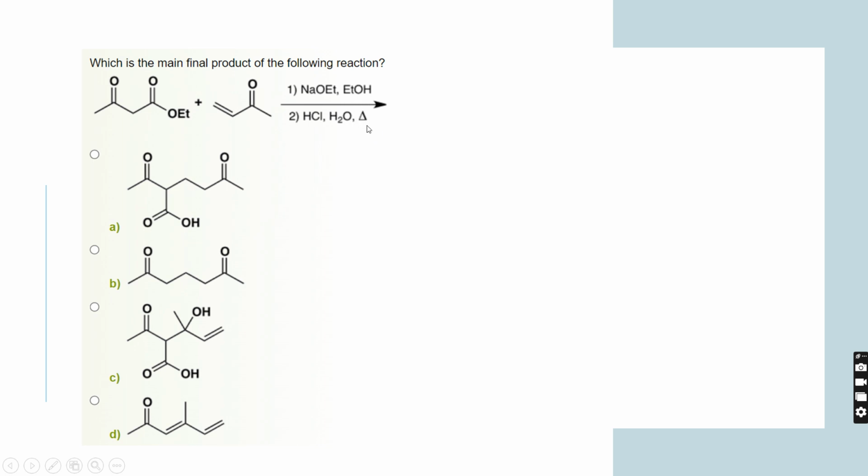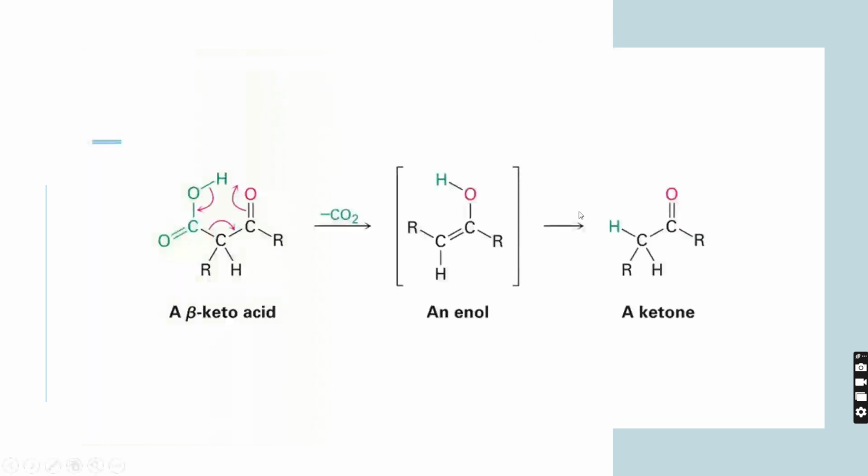And what happens when we heat beta keto acids? I hope you remember from the last tutorial, beta keto acids undergo decarboxylation easily. They remove a carbon dioxide molecule from the structure when we heat them. You can revise the last tutorial's decarboxylation concept from this particular slide.